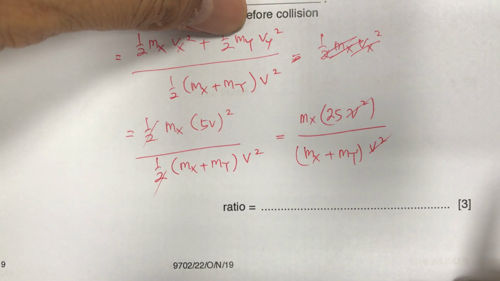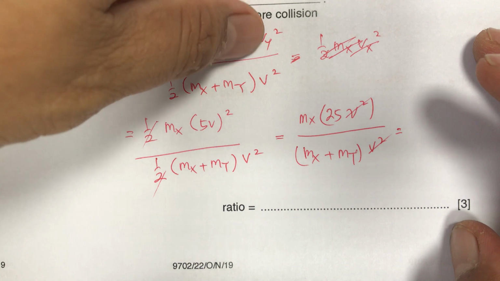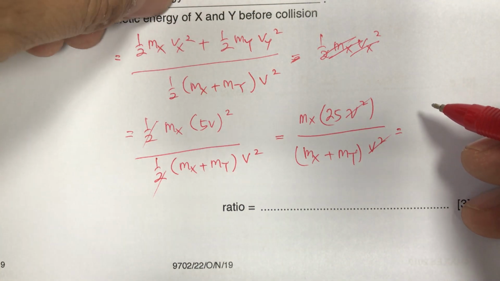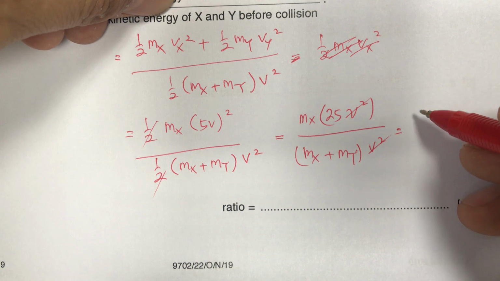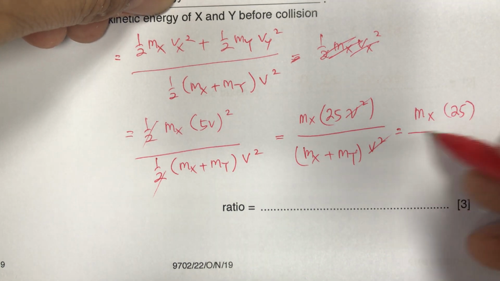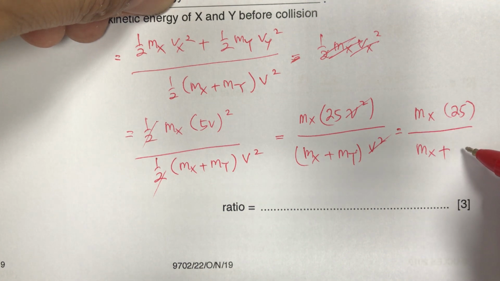Then we have mx times 25 divided by mx plus my, and my is 4 mx.